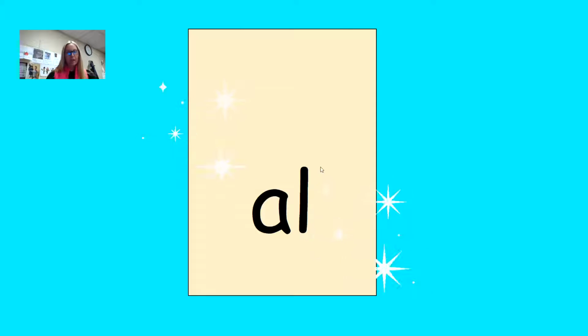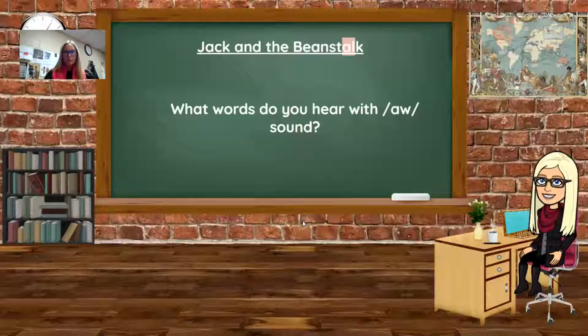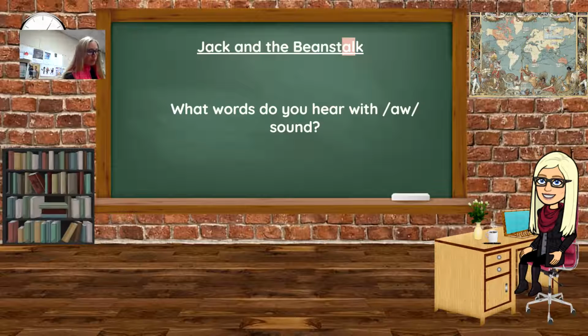So that A, and again, very often the L comes after it. Not always. We're going to see some examples of words today that don't have the L coming right after it, but often it does.